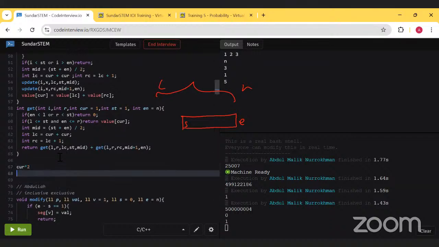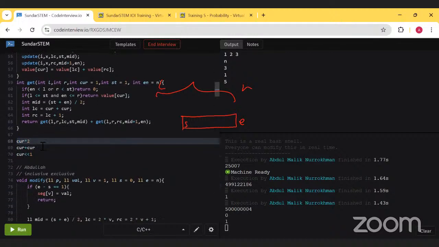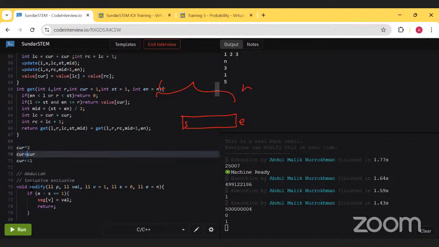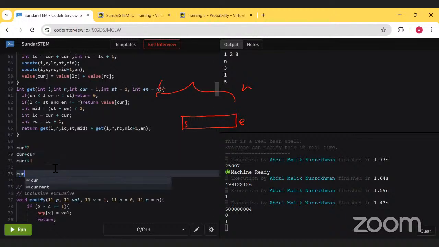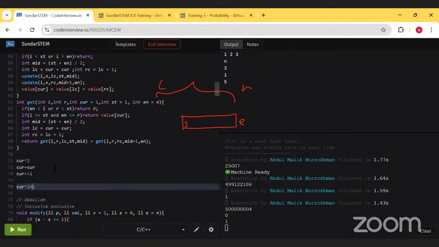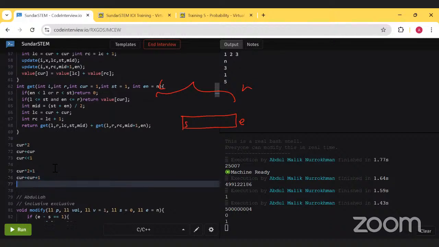This is the slowest, and then this is faster, and this is even faster.